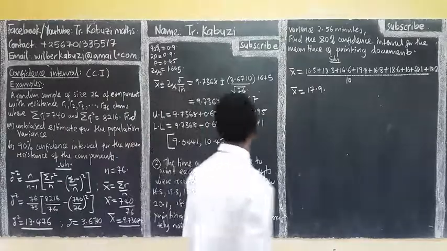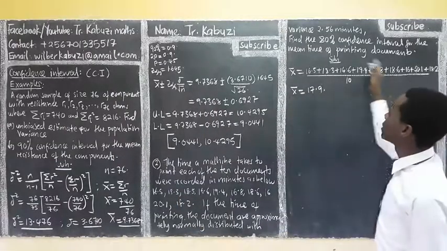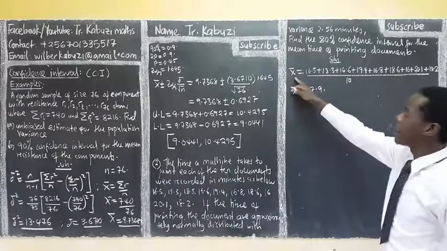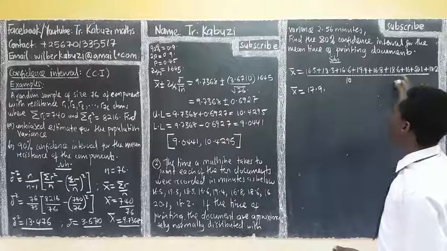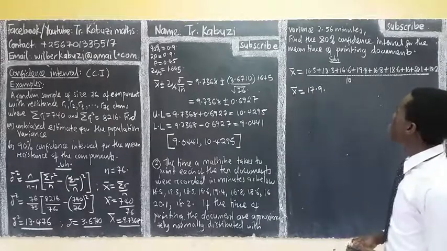Whenever they give us the components, we always get their mean. So we add all of them and divide by their number, which was 10, and this is what we get.